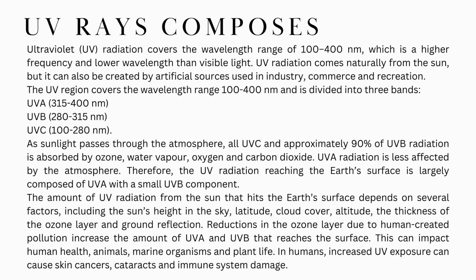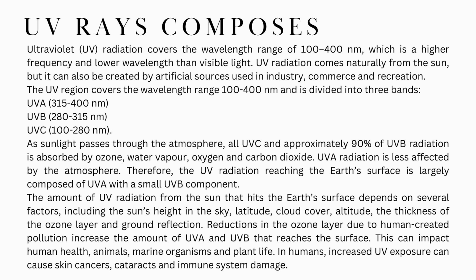The UV region covering the wavelength range 100 to 400 nm is divided into three bands: UVA 315 to 400 nm, UVB 280 to 315 nm, and UVC 100 to 280 nm.